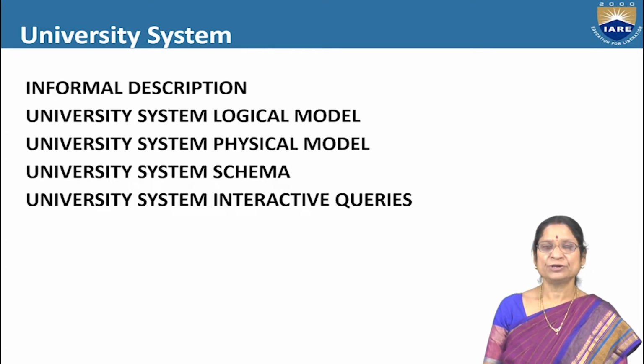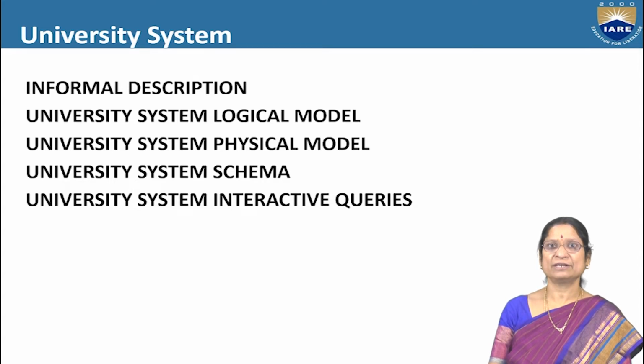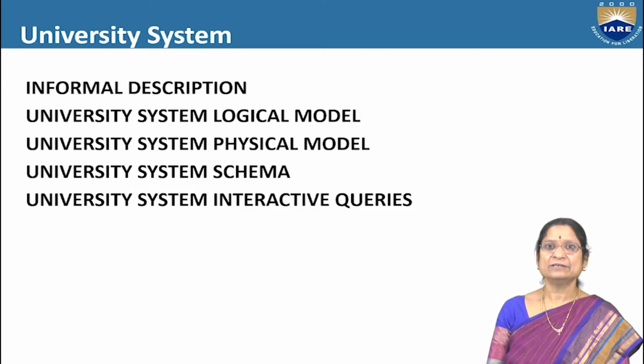Now, I'll go into the case study today. The case study is related to the university system. In previous lectures, in the beginning of this database management system course, I explained already how a database is going to be constructed, what are the steps involved actually. For any given specification, first we have to analyze requirements.